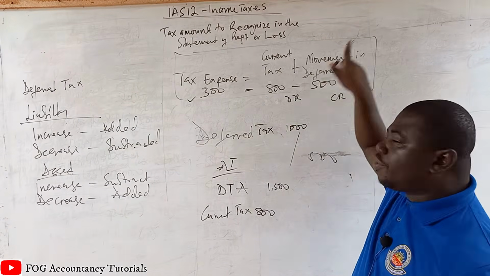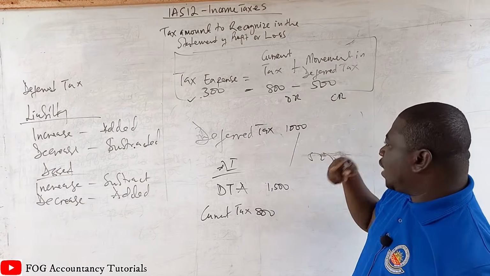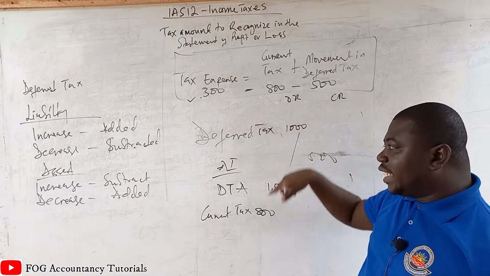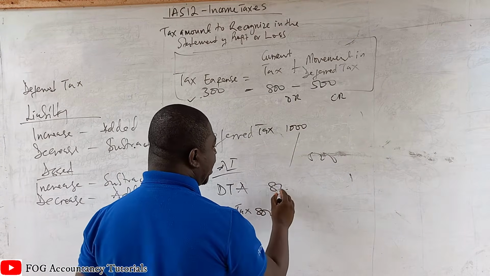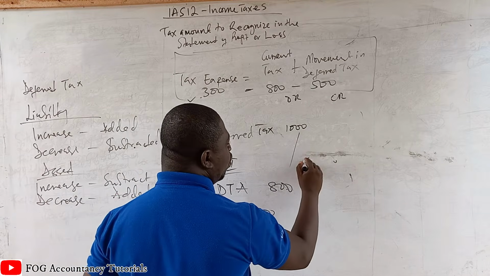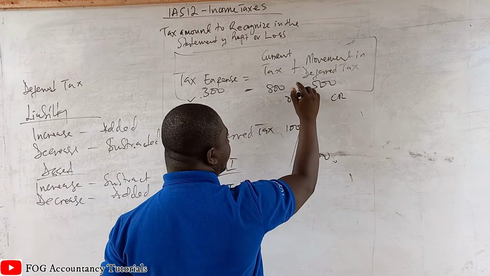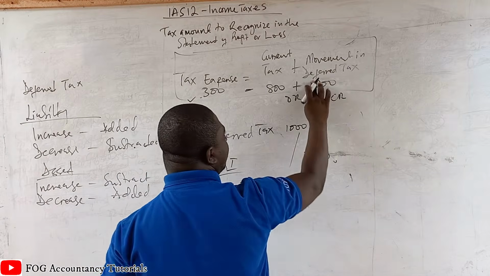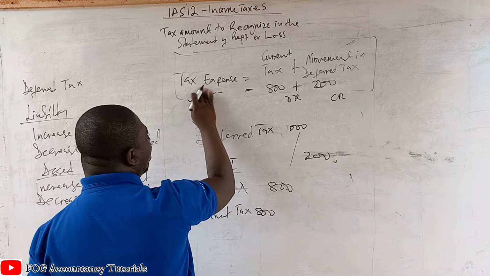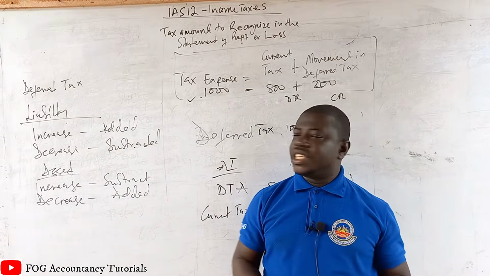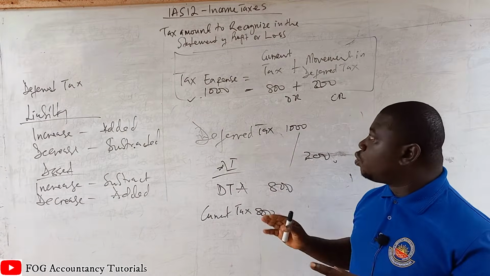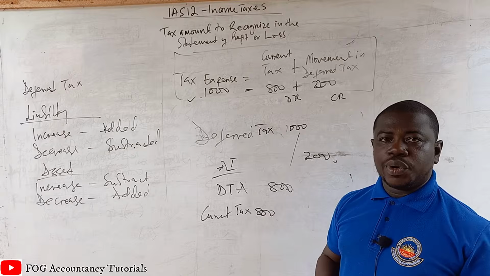Then we add increase in tax liability, and then we also add a decrease in an asset. So assuming that the asset was decreasing to, let's say, 800, then the movement is 200. But because it's a decrease, we are rather going to add the 200, and it's going to make our tax expense to be 1,000. I am sure this is very understandable. We need to understand this very, very well.